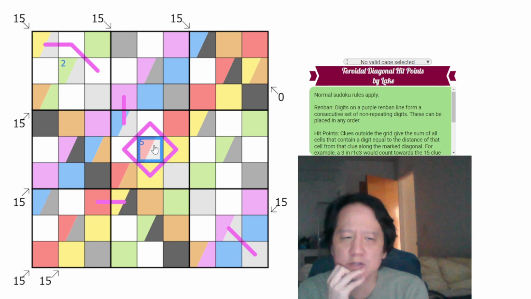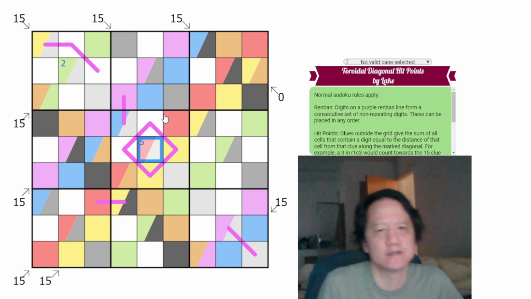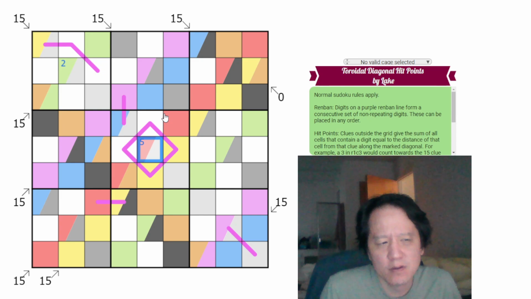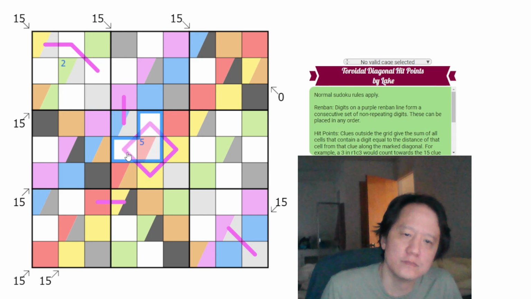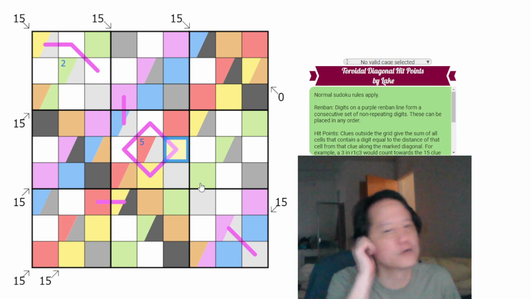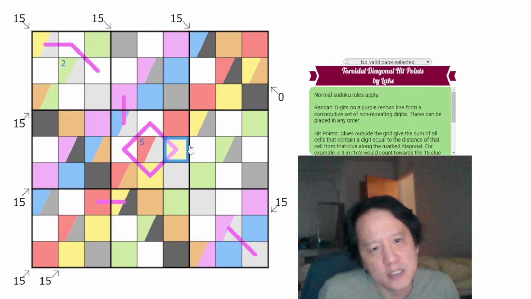This is interesting. So how to approach this then? So this could be 4 and 5. That actually works fine.